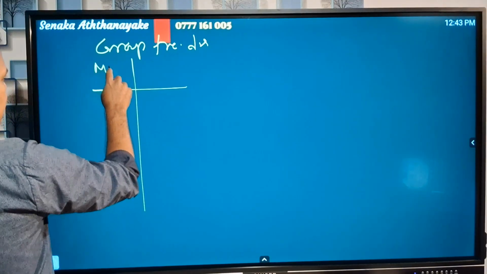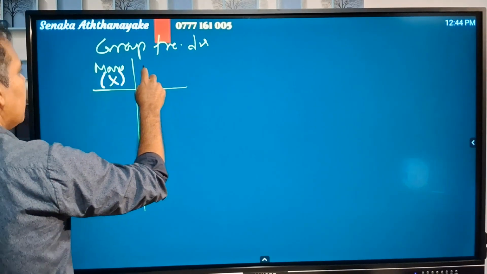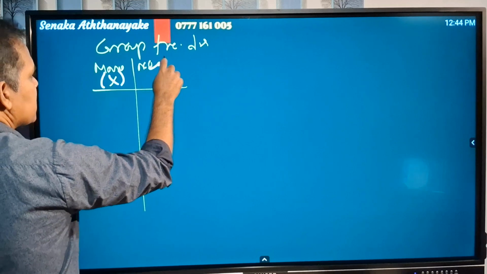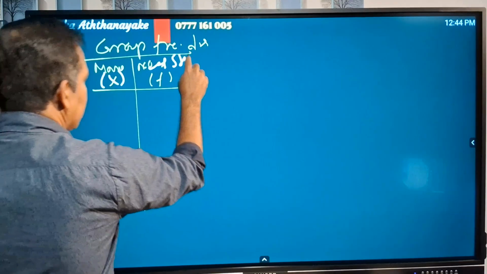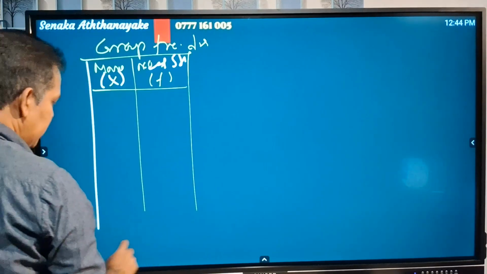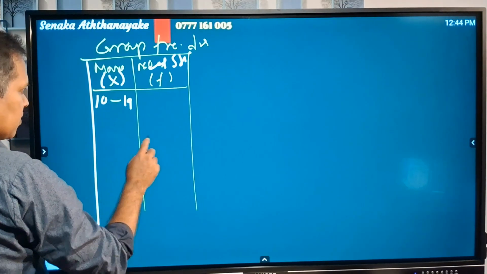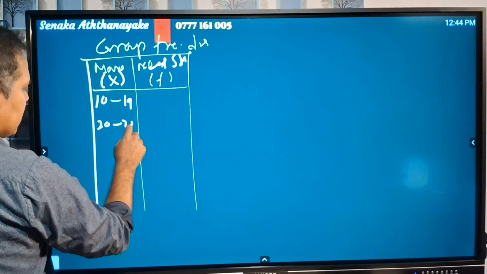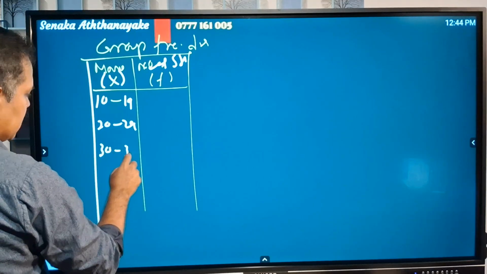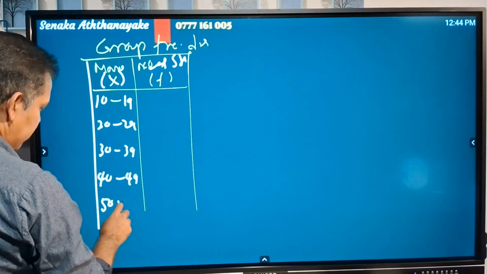This one, marks, again I consider marks of students. This is the x value of our variable, and this one, the number of students, is the f value. Okay, I'll give this grouped frequency distribution: 10 to 19, very important, 20 to 29, 30 to 39, 40 to 49, 50 to 59.